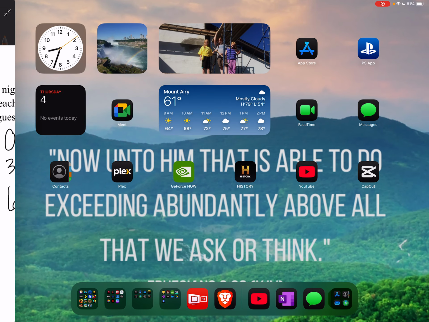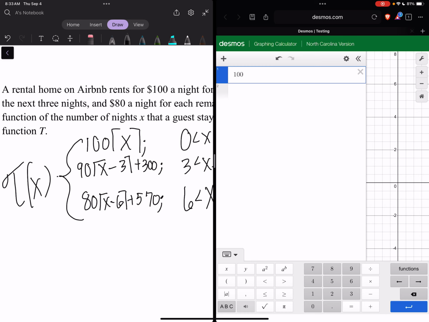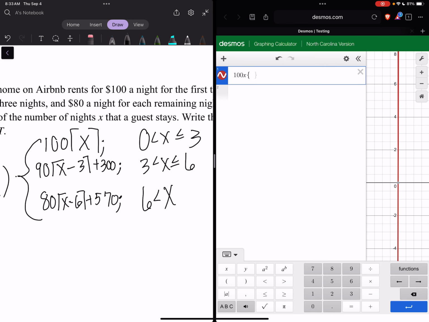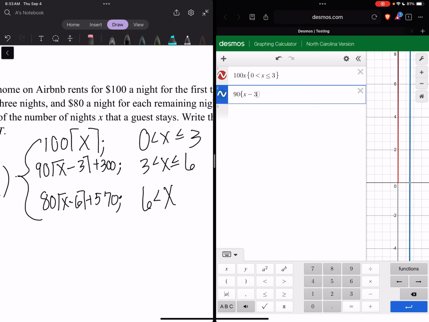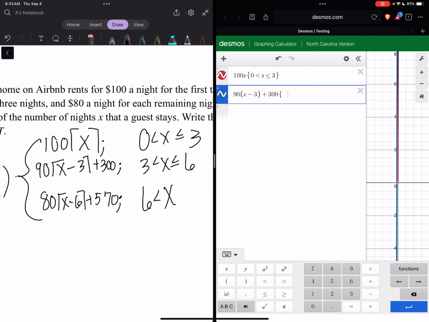If I go into Desmos, I'm going to type my initial equations. 100x, if you remember from graphing, you put the curly bracket and then your domain restriction, 0 less than x less than or equal to 3. 90, x minus 3, plus 300, where 3 is less than x, which is less than or equal to 6.